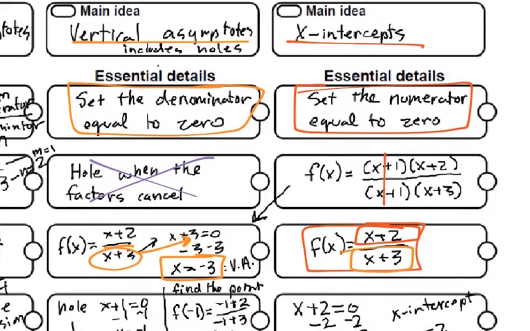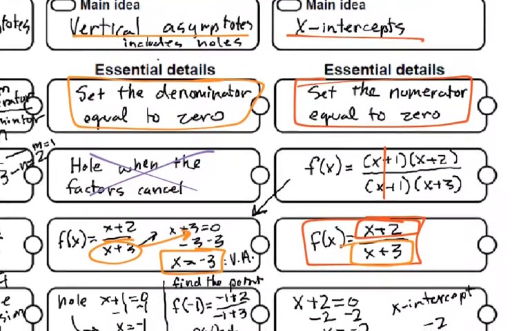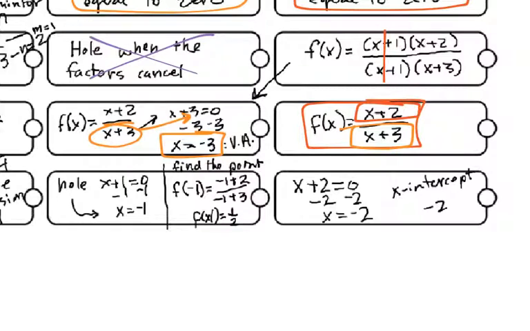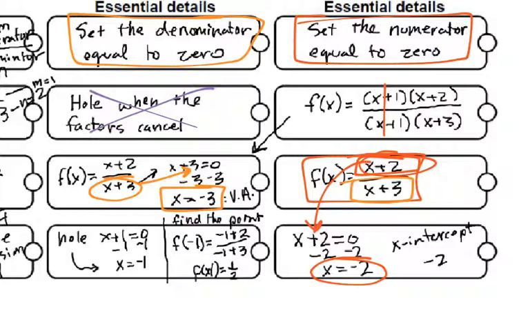That's for the vertical asymptote. For the x-intercept, you take the top, set it equal to 0, solve it. That's where on the x-axis your x-intercept is, at -2. So if I were to graph this one, my highest degree on both of these would be x squared.